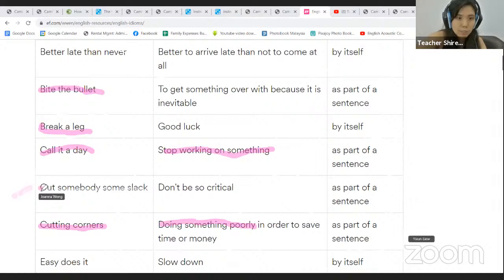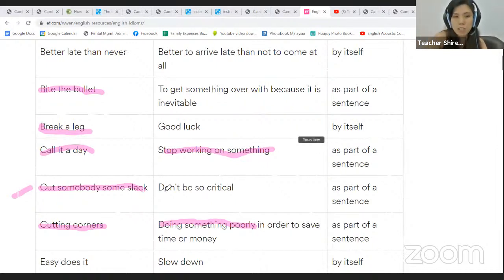Okay, let's do the last one. Cut somebody some slack. Okay, means don't be too critical. So what it means is don't be so calculative, or give some way for people to do it. Like for example, the employee misspoke.